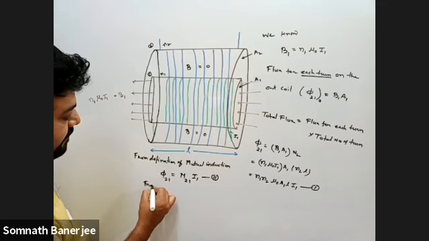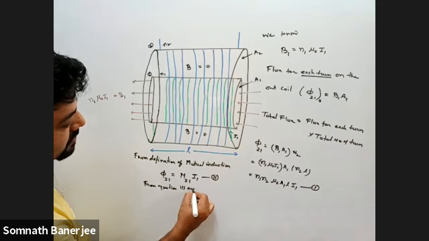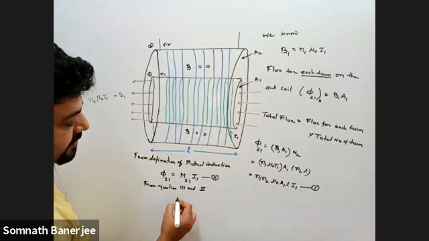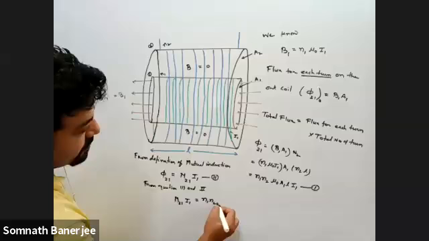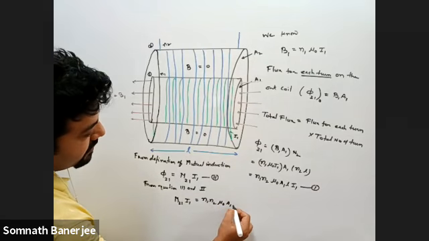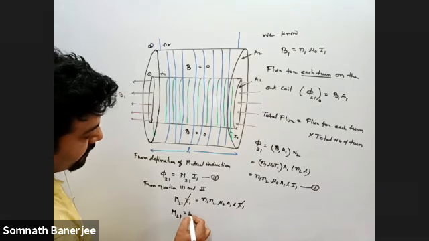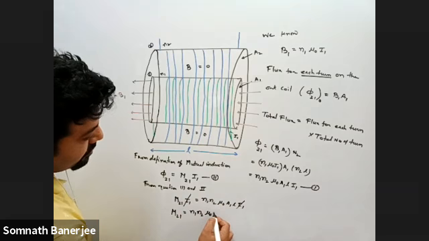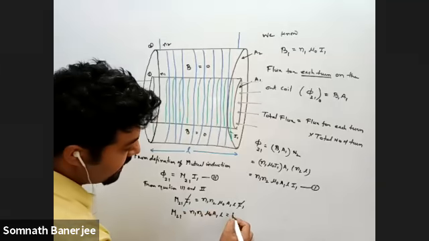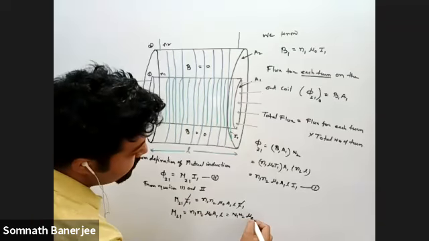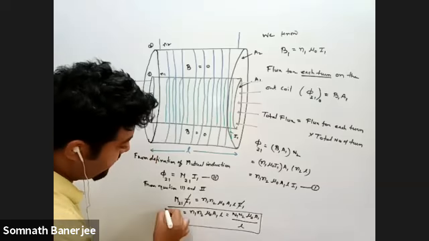So from equation 1 and 2, what we can say, M at 2 due to 1 times current I1 is N1 N2 mu naught A1 L I1. So we can say I1 cancels. So mutual induction at 2 due to 1 is N1 N2 mu naught A1 L. If you multiply by L, divide by L, what we have is N1 N2 mu naught A1 by L. This is my equation.